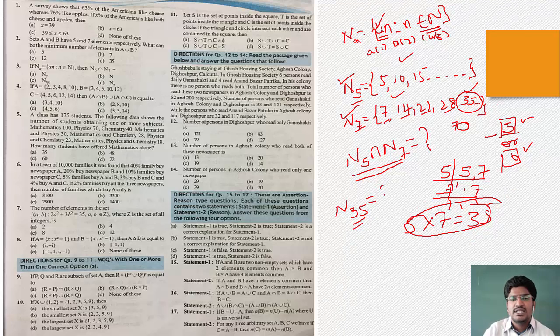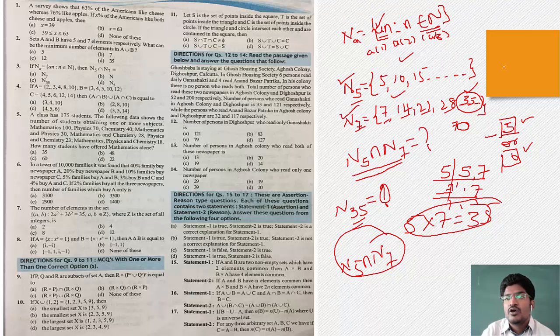So, that is why we can say that n of 35 will be the answer for this particular question, that is n of 5 intersection n of 7. Clear? So, your answer will be option C, that is n of 35.